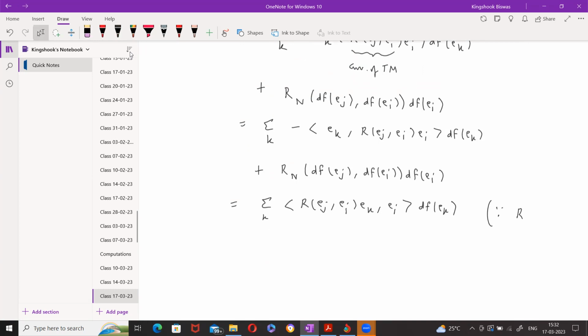R of e_j e_i star is equal to minus R of e_j e_i, right? The curvature tensor of TM is an endomorphism-valued 2-form, which takes values in skew-symmetric endomorphisms. Therefore, we have this, right?